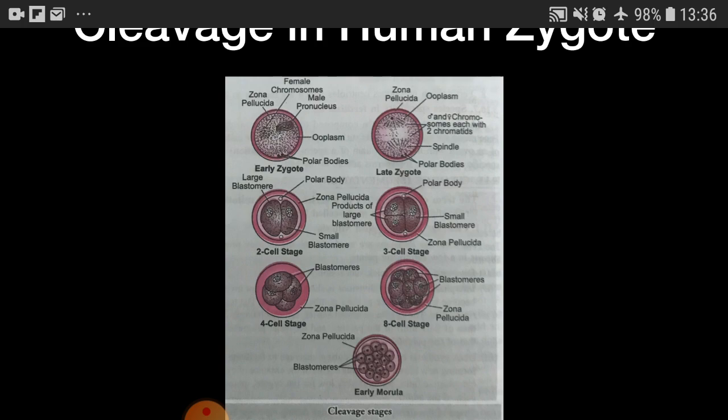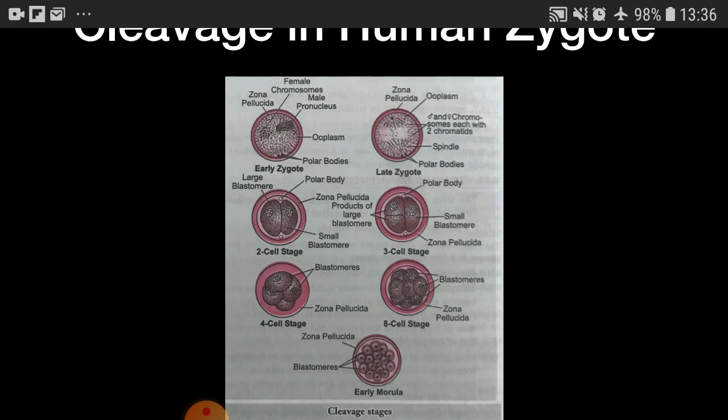Cleavage in the human zygote occurs during its passage through the fallopian tube towards the uterus. It is holoblastic, that is, it divides the zygote and blastomeres completely into daughter cells. However, the blastomeres differ in size from the start. Their number does not increase by a regular doubling sequence.